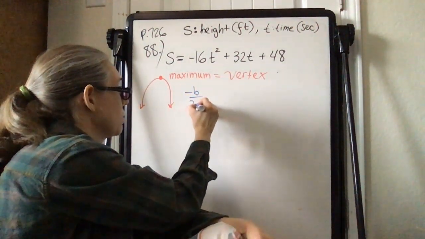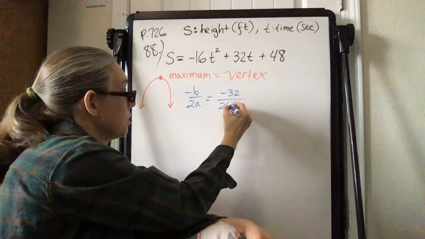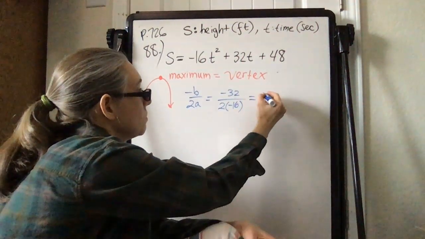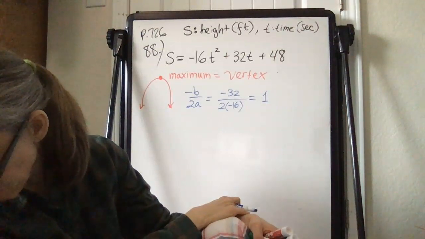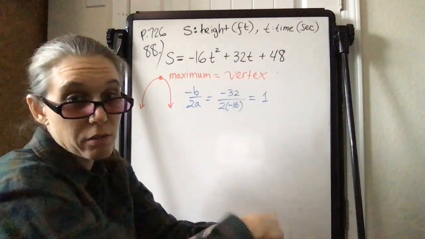Negative b over 2a, negative 32 over 2 times negative 16. Aw, they gave you such nice numbers. 1. In number 87, they did write this formula out of order.